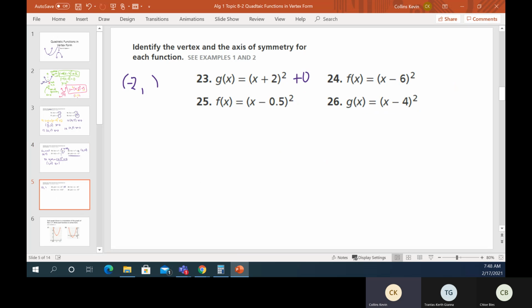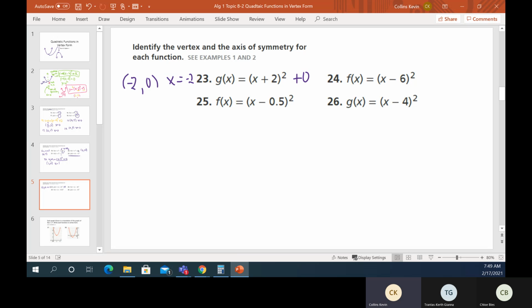So what's our second number going to be? Yeah. And then your axis of symmetry for this guy is just x equals the first number. So x equals minus 2. Beautiful.